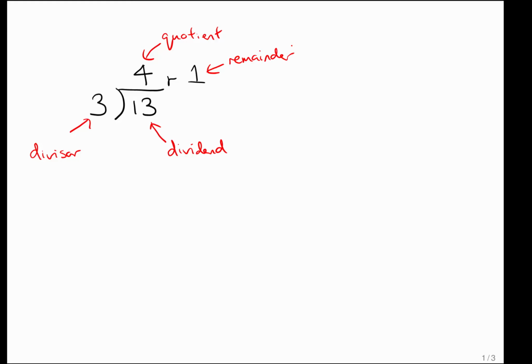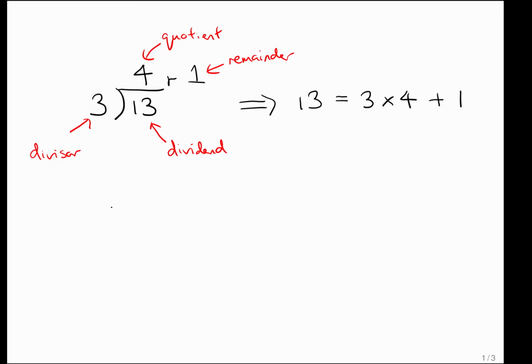Now, what are the consequences of this long division? Well, what this procedure really allows us to say is that the number 13 can be decomposed into 3 times 4 plus our remainder 1. In other words, the dividend can be written as the divisor times the quotient plus whatever the remainder is.